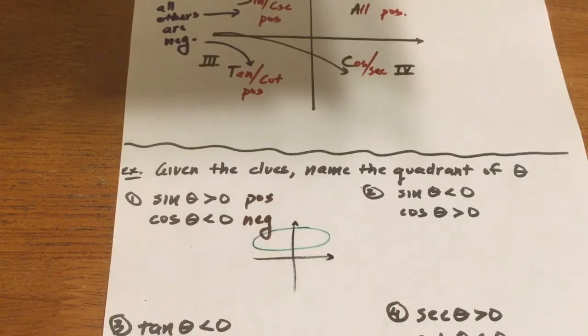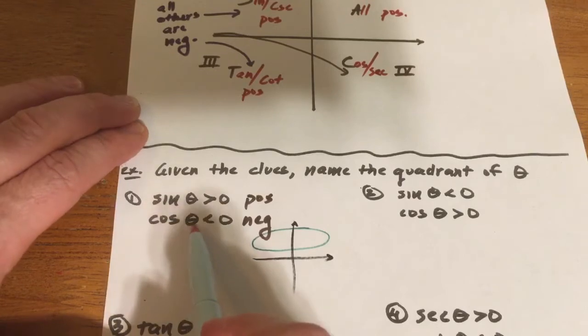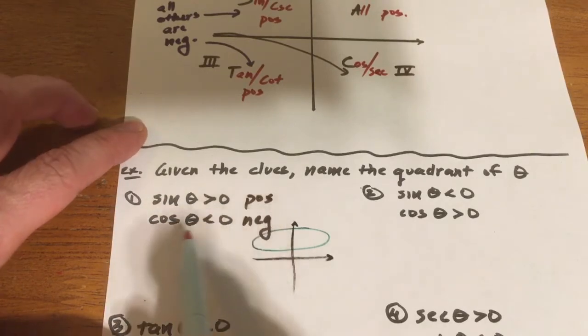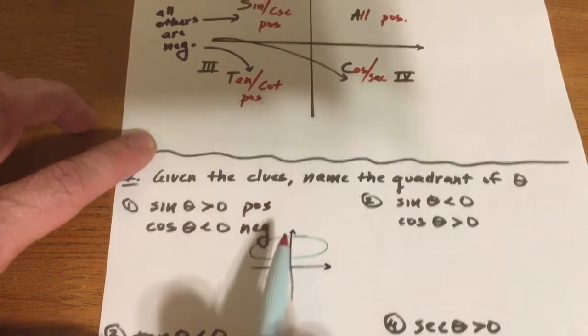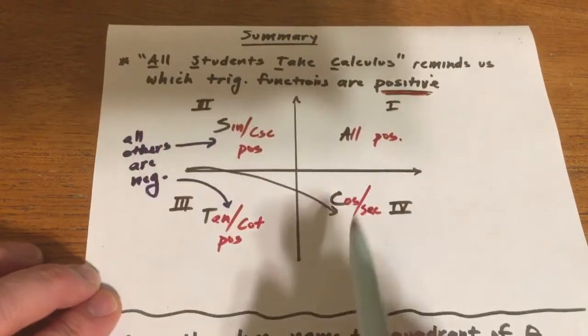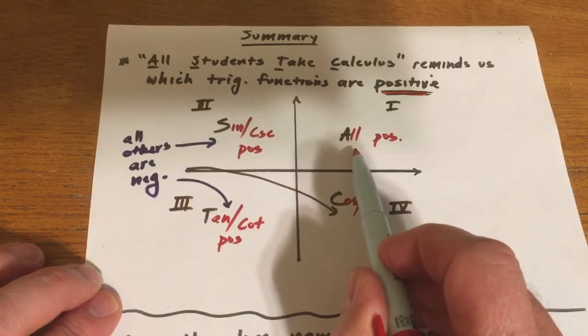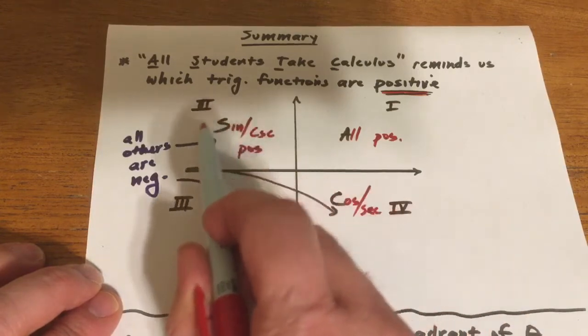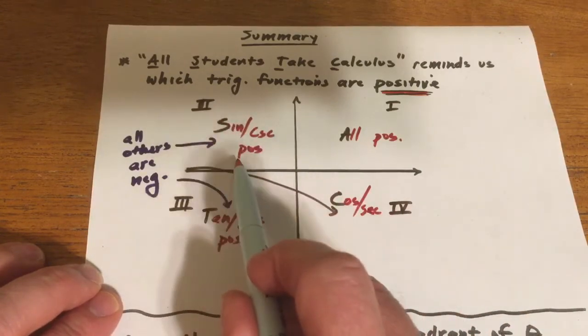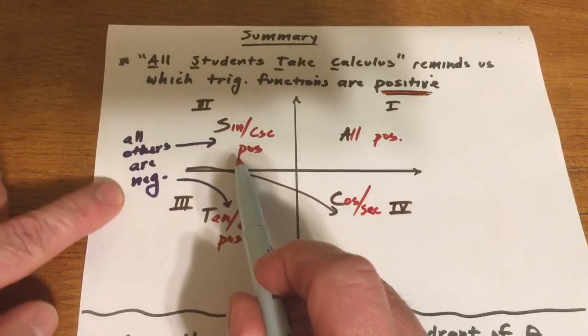Now let's look at the last piece of information. Cosine theta is negative. Where's cosine theta negative? Well, let's look above. Everything's positive here, so that doesn't work. Here, only sine and cosecant are positive. All others are negative.